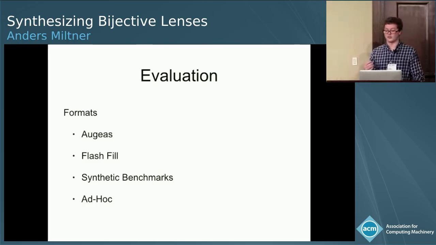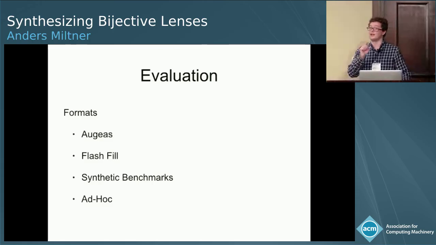Our benchmarks require synthesizing transformations between two different formats. The synthesis tasks come primarily from Augeas, which is a bidirectional language used for expressing maps between Linux config files and C data structures. Because we do string transformations, we map between serialized formats of the data structures and the original config files.